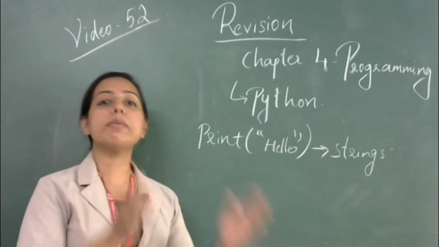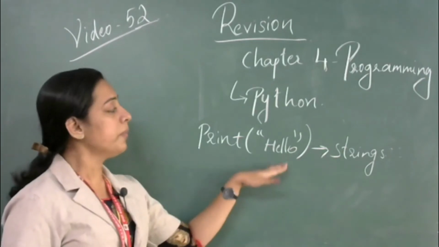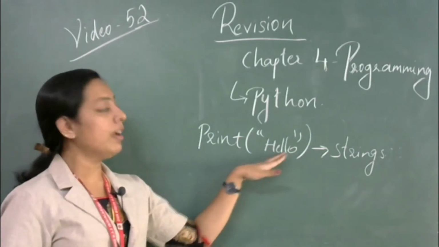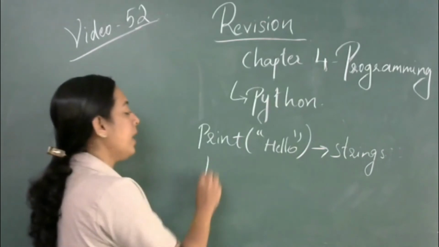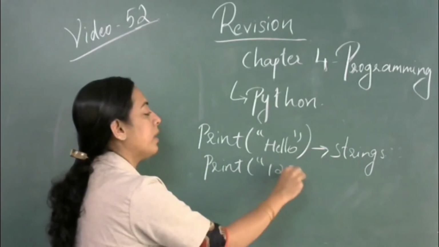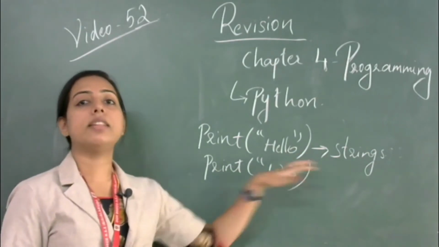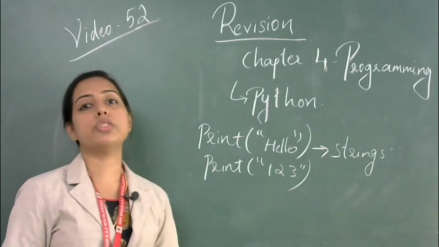So what we type inside the double quotes will display as the result. Here the output or result will be hello itself. In a similar way, print 1 2 3, in double quotes I am giving print 1 2 3. It will be considered as a string and the displayed result will be 1 2 3 itself.